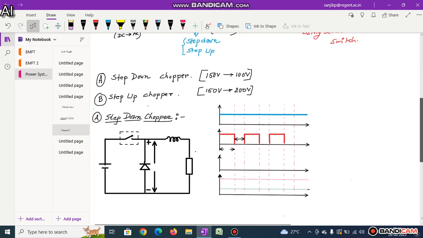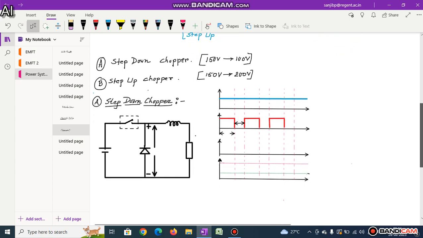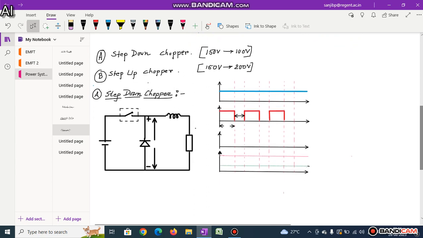This is a very short video, so without wasting time, today I will start the step down chopper. The left side here is the DC voltage level, suppose this is VS. This is a switch, and this is the chopper.